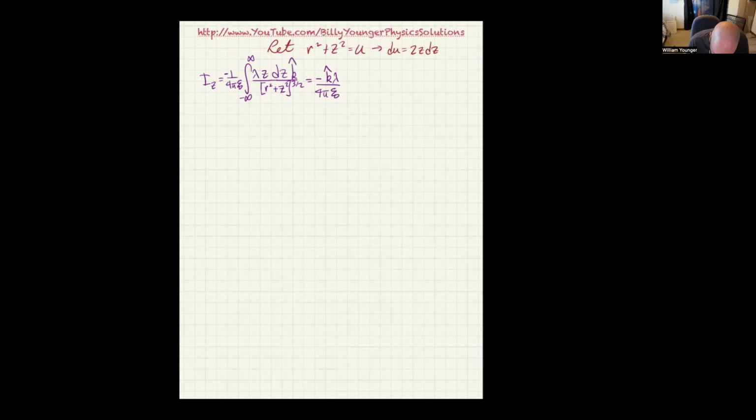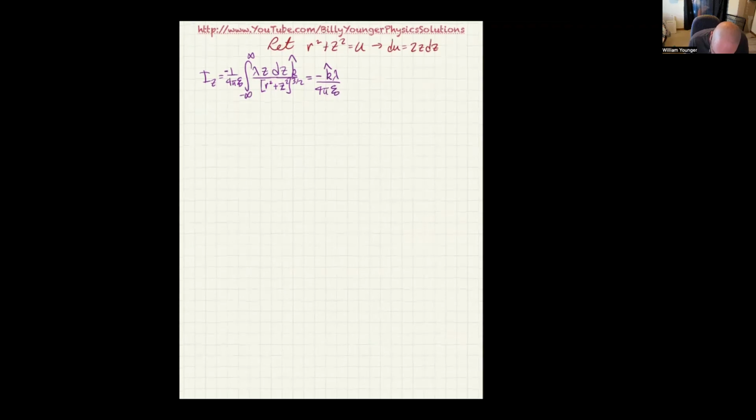And what I'm going to do is multiply by 1/2. And then inside the integral, I'm going to multiply by 2, so that I have 2z dz. And then, of course, over that, I will have u to the 3/2 power.